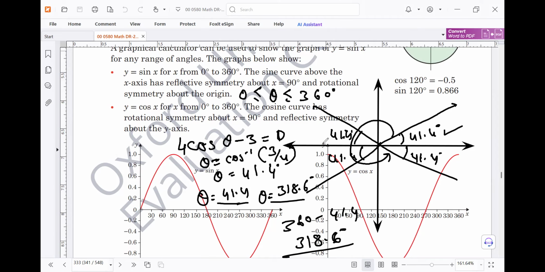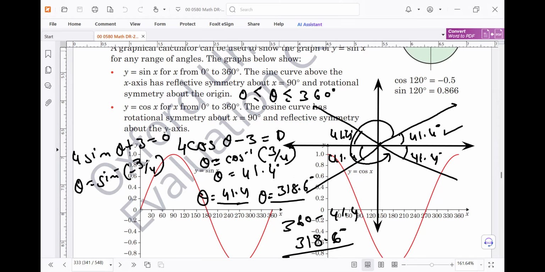Suppose cos is negative, then what will happen? You get second and third quadrant. Or if sine is negative, you get a negative angle. What will you do? You will get a negative angle. Let me give you the same equation, sine theta plus 3 is equal to 0. So theta is equal to sine inverse of minus 3 upon 4.